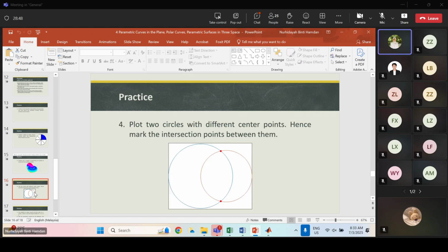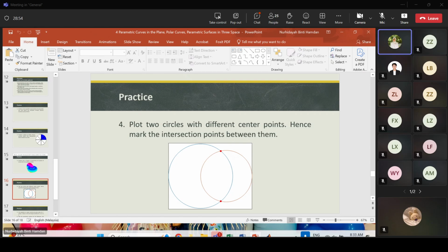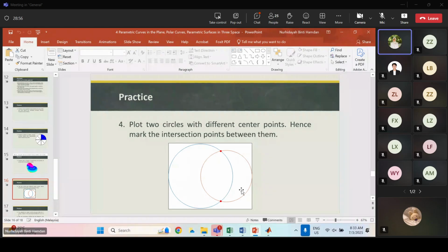Question 4. This is a 2D. Plot two circles with different center points. This is like hypocycloid. Hence mark the intersection between them. So you need to have a marker at the intersection of these two circles.